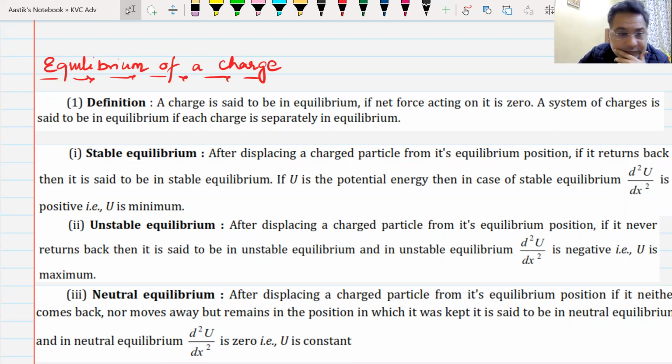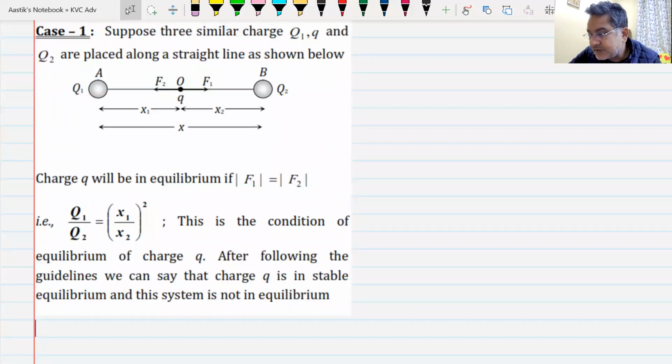How will you find out what type of equilibrium a system is in? You know this. Now we can see the different types of cases where you can find equilibrium of charge. This is the case. Three charges, capital Q1, small q, and Q2, are placed. There must be similar charges, so the system can be in equilibrium. F1 will be equal to F2, and this charge will be in stable equilibrium.